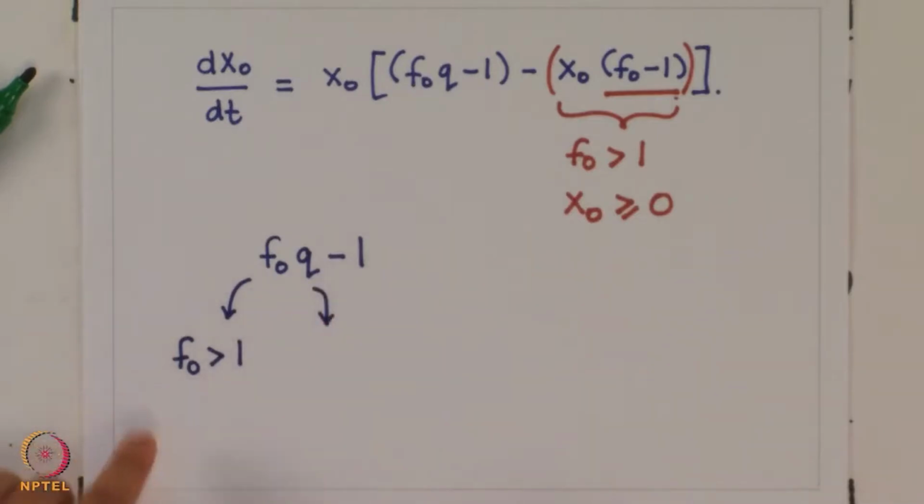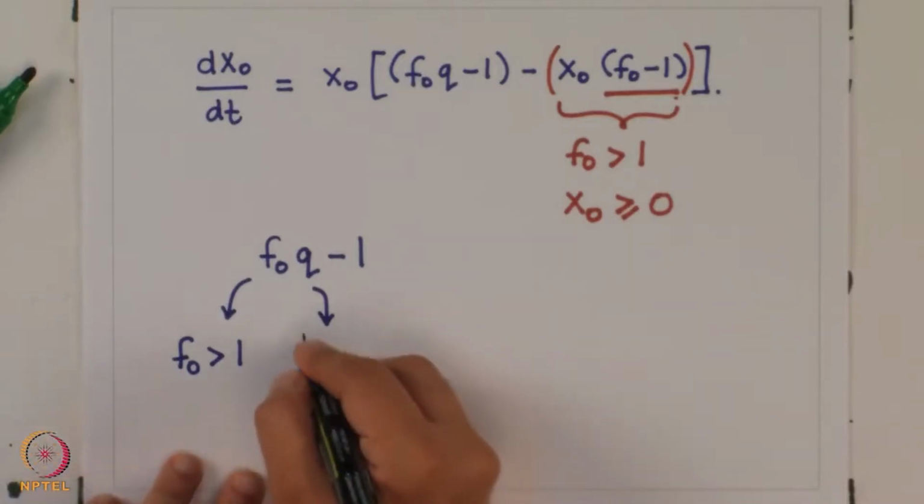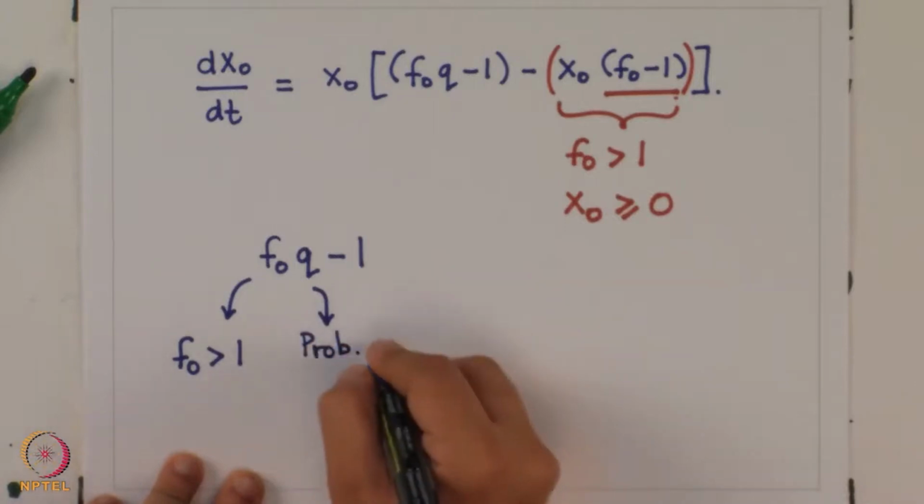And remember, q is the probability that when a genome is replicating, when this DNA sequence of length L is replicating, the progeny is the identical sequence as the parent, and no mutation happened in the replication process. So, this is the probability that no error occurred.